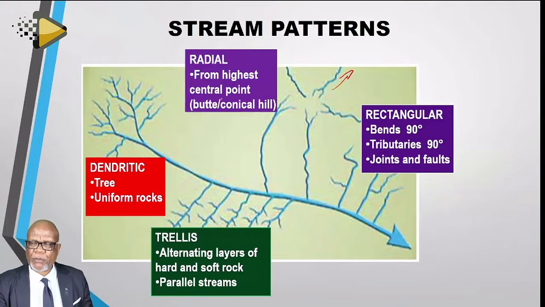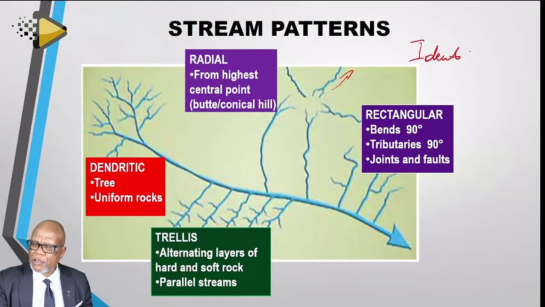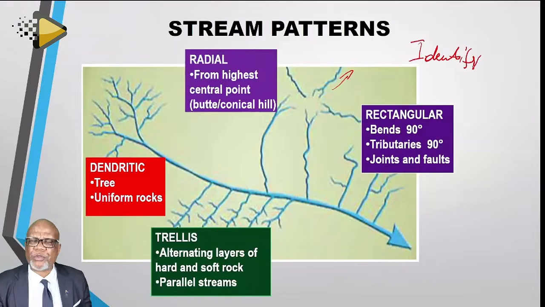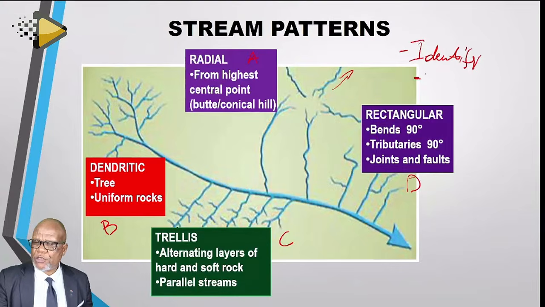And then what is important when you do drainage patterns? There are three questions that you need to know. Number one, you need to be able to identify a pattern: identify the drainage pattern at A, at B, at C, and at D. You must be able to identify. Number two, you need to explain the underlying rock.